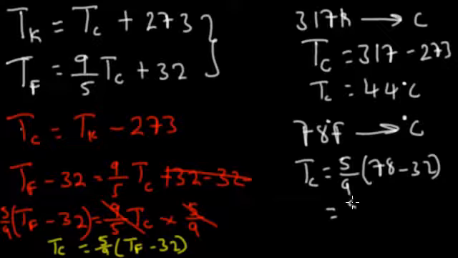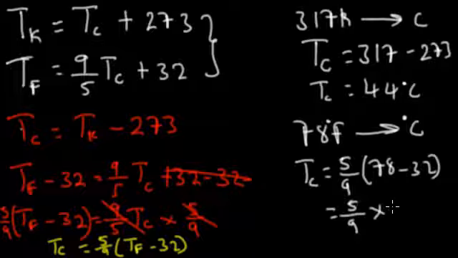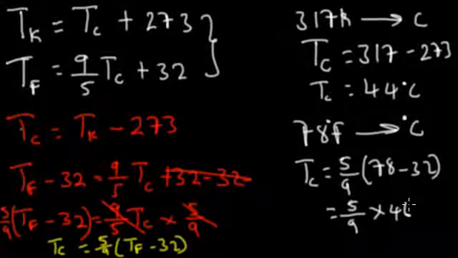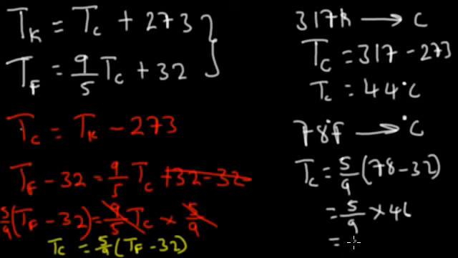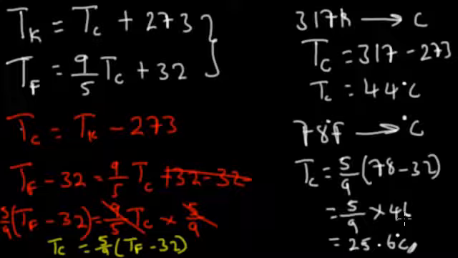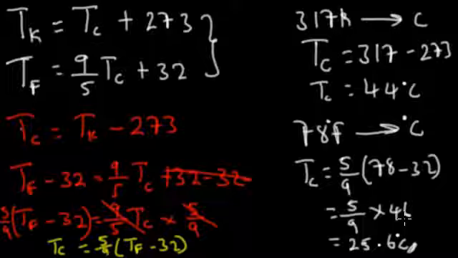And we have 5/9 multiplied by 46. If we multiply 5 divided by 9 by 46, we get 25.55 repeating. Thus, approximately, we have 25.6 degrees Celsius. And that's the corresponding measurement of the temperature from Fahrenheit to Celsius.